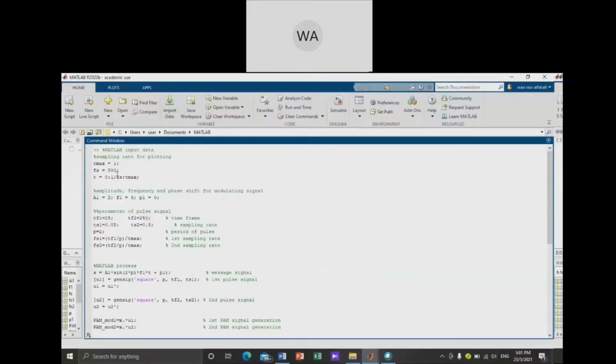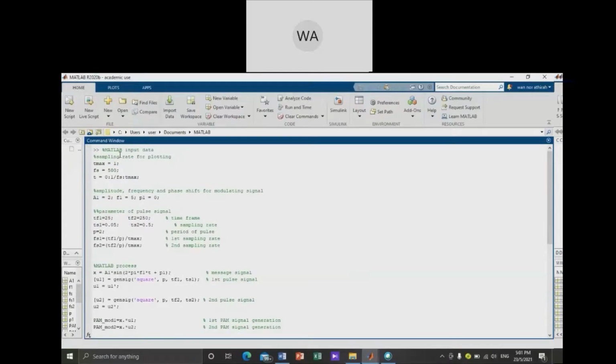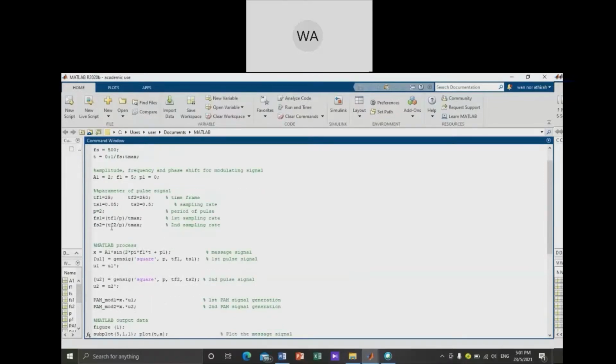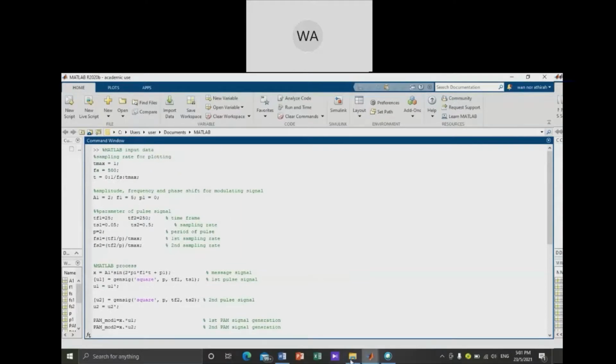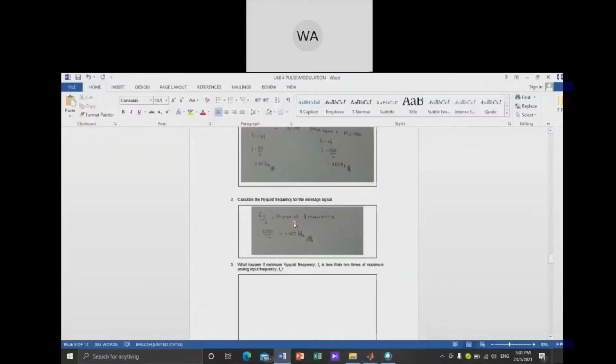Okay, let me show the MATLAB. In this MATLAB, the coding is same, but it only changes at parameter of pulse signal, time frame, and sampling rate. Use formula same as number 2. Calculate the Nyquist frequency for the message signal.